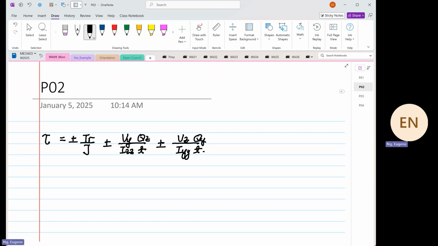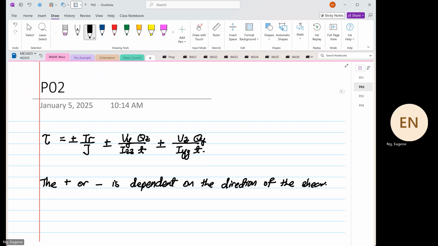The plus and minus is dependent on the direction of the shear flow.